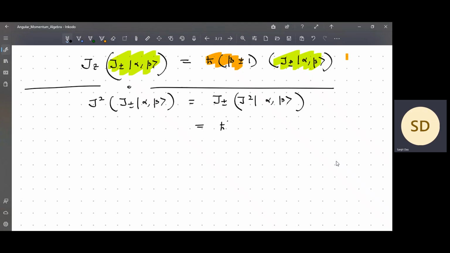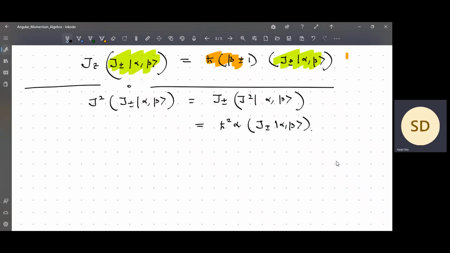We can write it in this format, J plus minus acting on alpha beta. So exactly I can see that J plus minus acting on the alpha beta eigenket does not affect the first element alpha, but rather it raises or lowers the second quantum number beta.